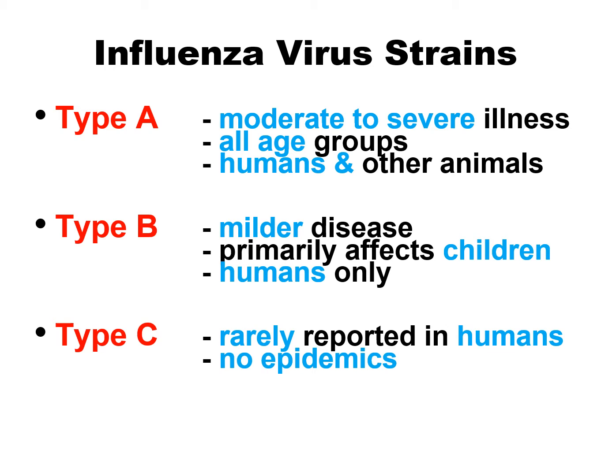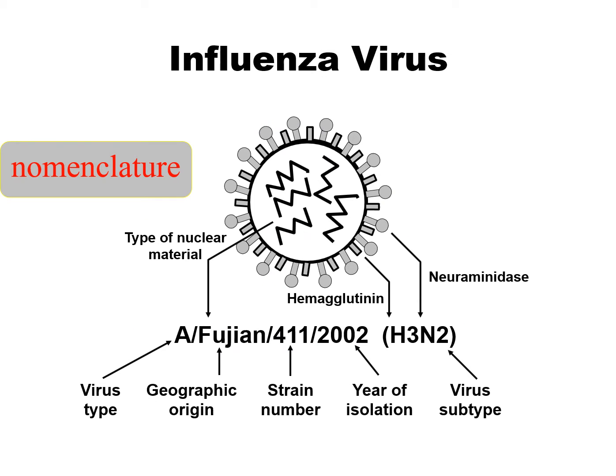Influenza virus strains, type A, type B, type C. Type A, moderate to severe illness, all age groups, humans and other animals. Type B, milder disease, primarily affects children, humans only. Type C, rarely reported in humans, no epidemics.